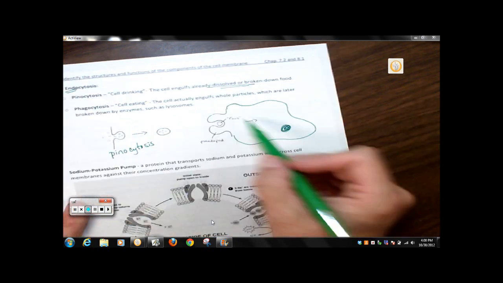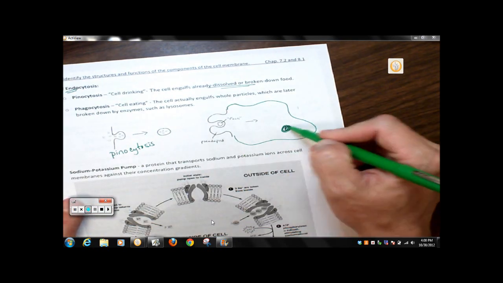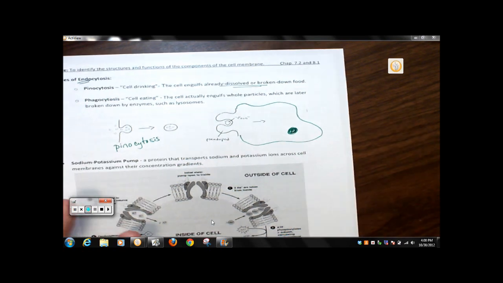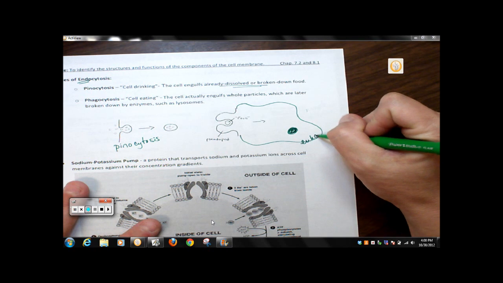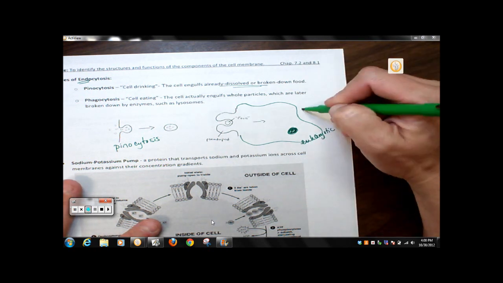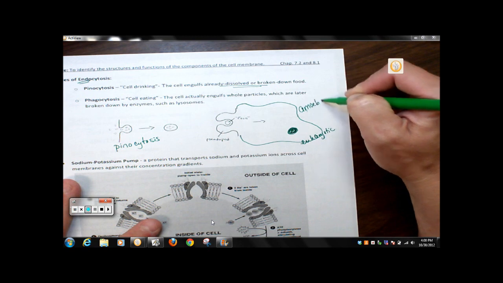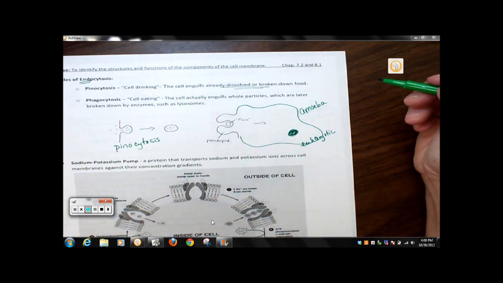Now, I want you to add the rest of this cell over here onto this diagram and give it a nucleus. So would that be prokaryotic or eukaryotic? Eukaryotic. And so this is an amoeba. And an amoeba is a single-celled organism you would probably catch if you drank the water in Mexico. Or you can get them in local ponds too.